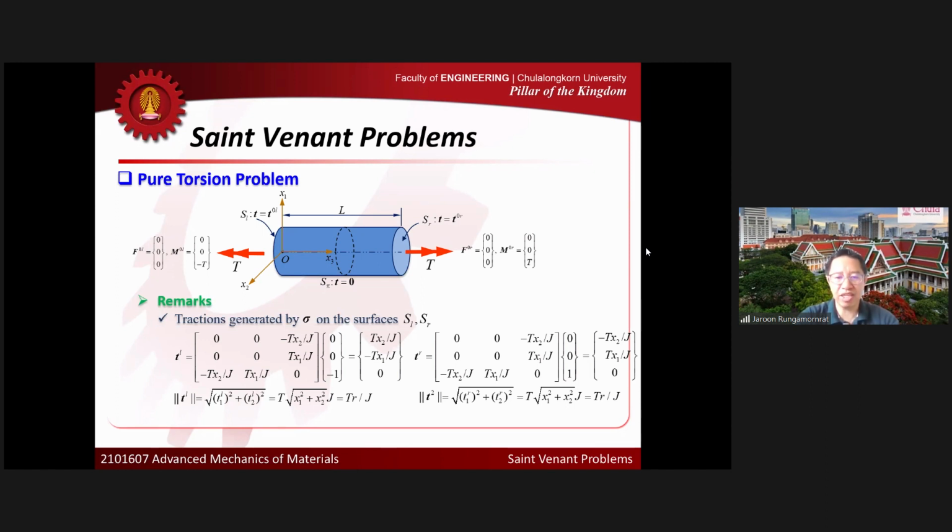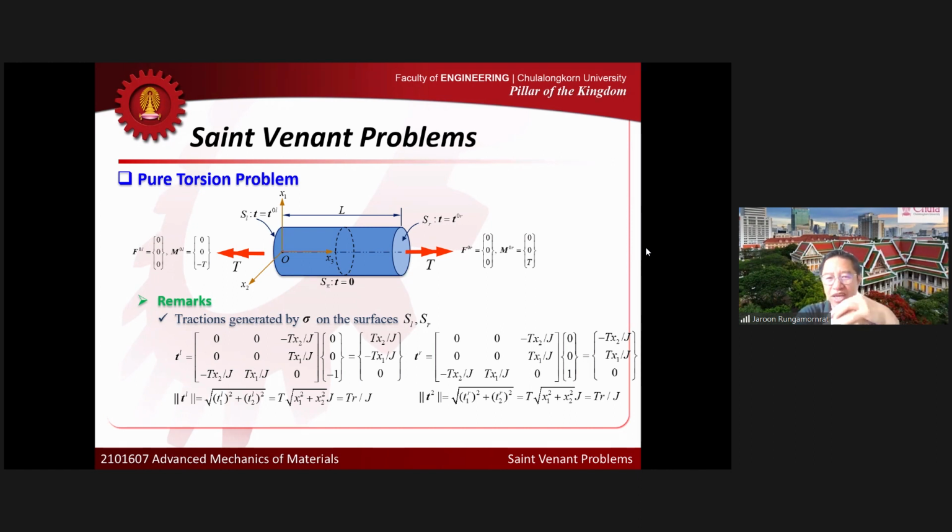What I am trying to say is, if you apply a shear traction at both ends with a linear distribution with respect to the distance from the center of the cross section, to generate the torque T, the solution that you got will be exactly the same as the one that I showed before.